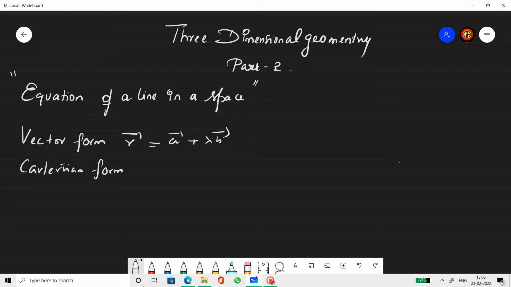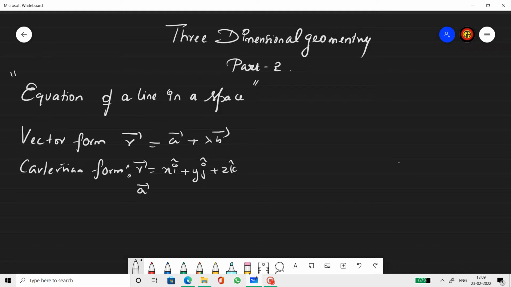Hope you remember what R vector is. R vector was OP vector, and P was any arbitrary point which we took as x, y, z, right? So R vector is what? xi vector, yj vector, zk cap. Correct? Now, A vector.